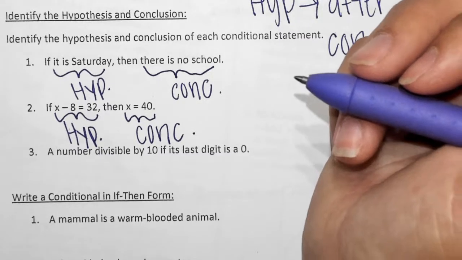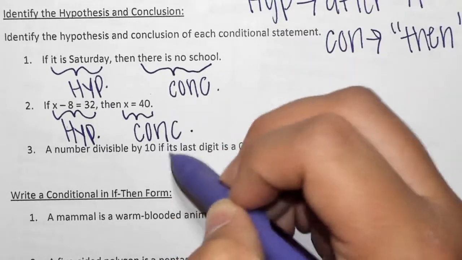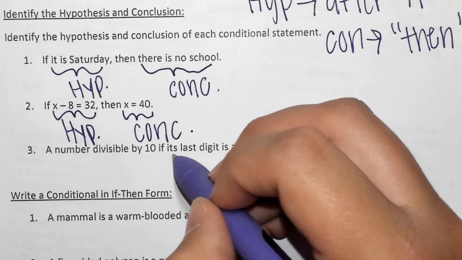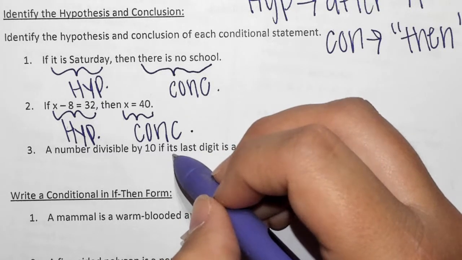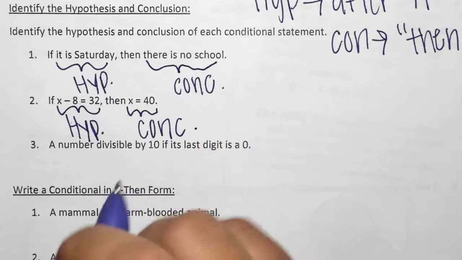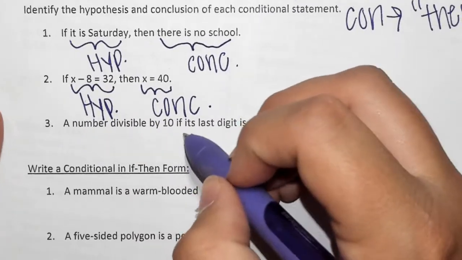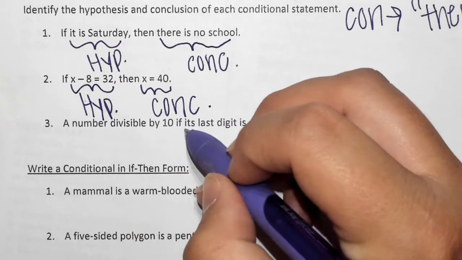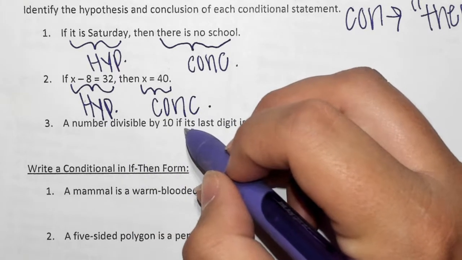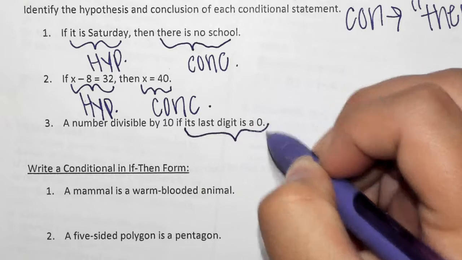However, on number 3, if is down here. Yeah. I'm a math teacher, not an English teacher. I'm just kidding. I should be able to teach everything. If its last digit is 0.